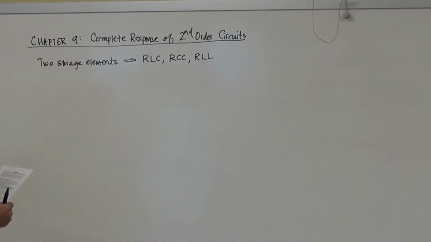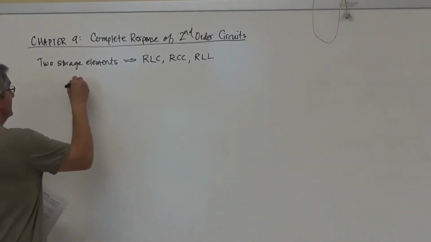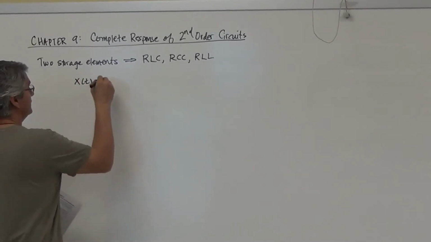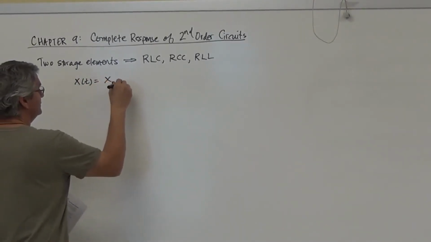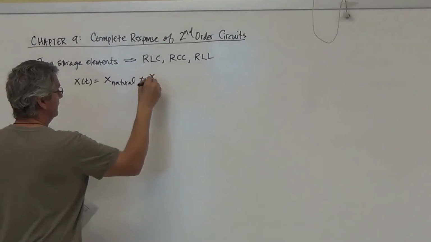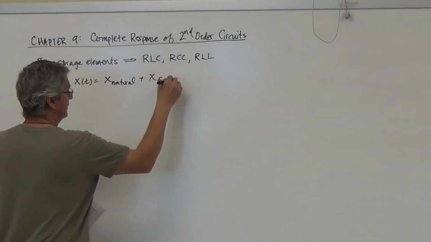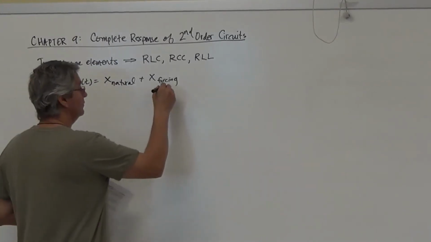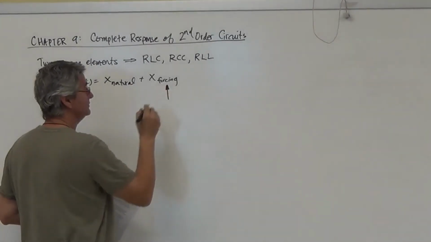And as you're going to find here, the complete response will have a natural response plus a forcing response. It turns out that the algebra involved in this chapter is considerable. Because it is so considerable, I will not deal with time-dependent sources.